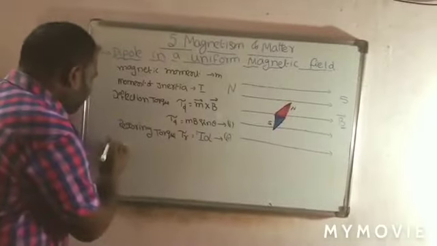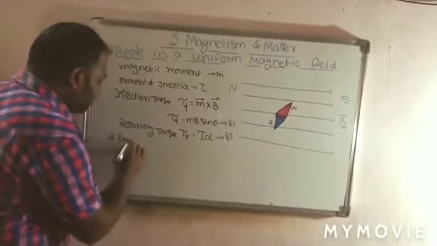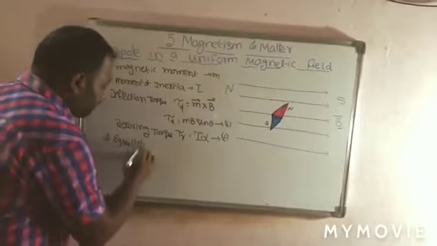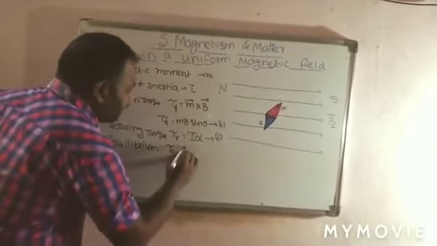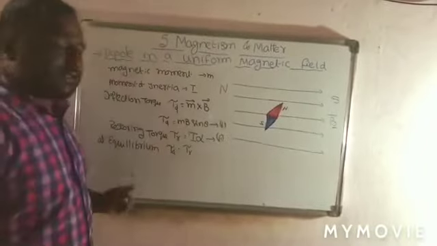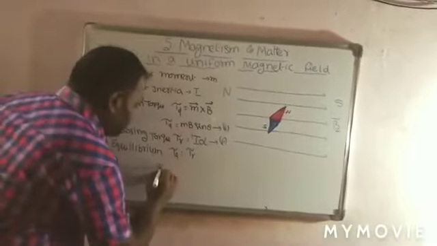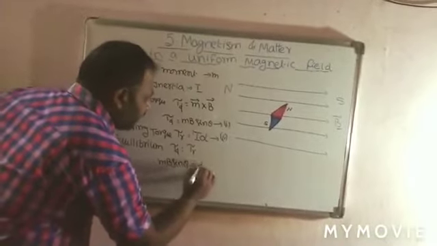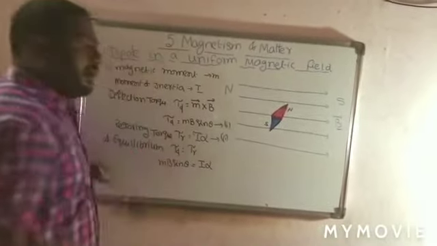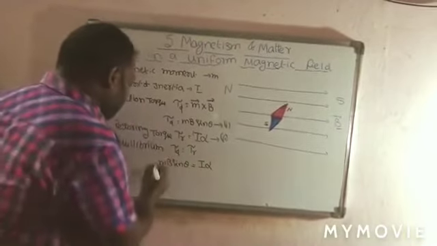Now at equilibrium, what happens? The deflecting torque is equal to the restoring torque. Here, the deflecting torque is mB sin theta, and the restoring torque is nothing but I into alpha. But here I take a minus.